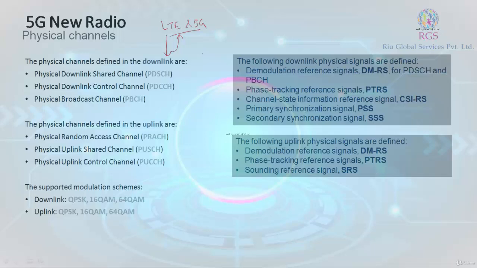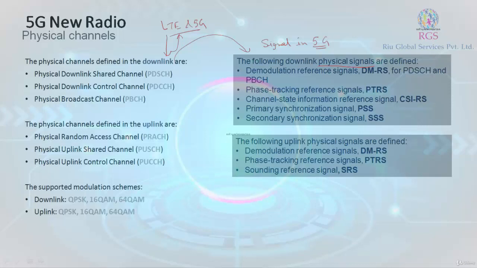But in 5G, what we have is signals which are totally different compared to LTE. Some of the signals which are used are physical signals. Now let me first tell you the difference between a signal and a channel.